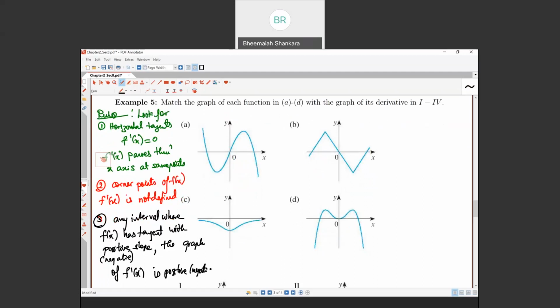So these are the definitions you will look for in order to match A to D graphs to 1 to 4.